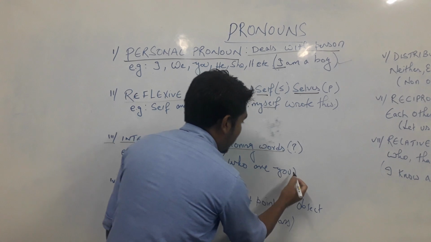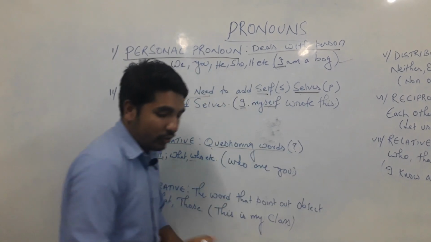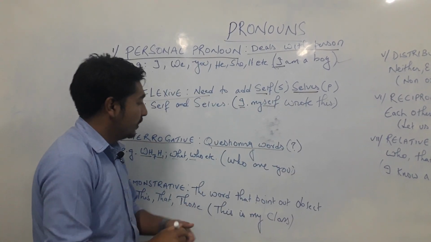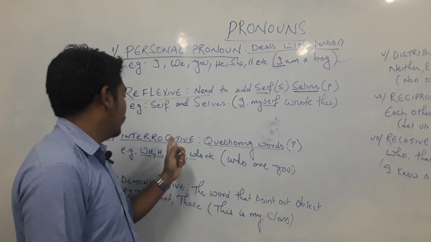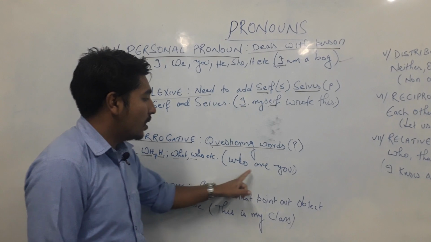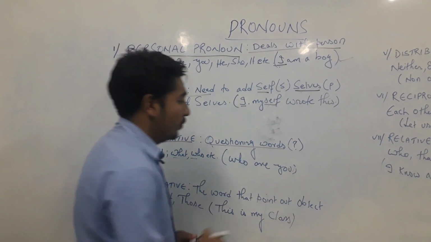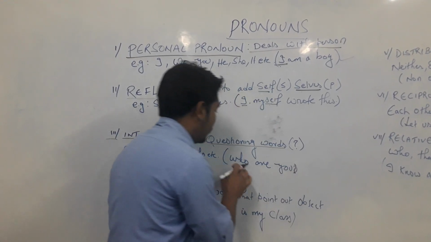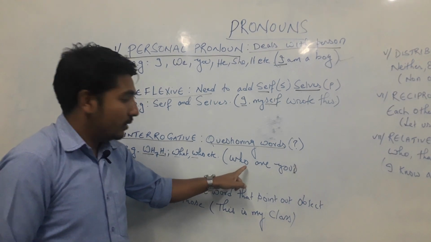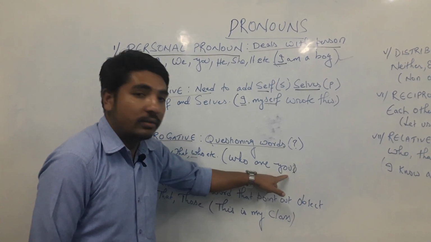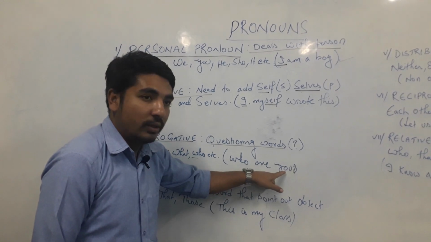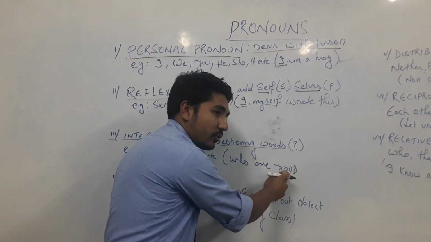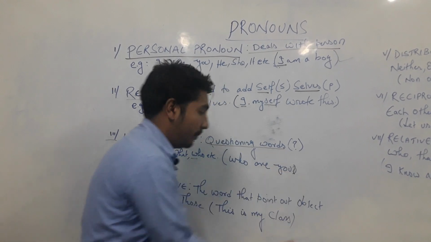Now here I have actually put this sentence to give you more idea about interrogative pronoun. Who are you? Who are you here? You can see. Actually, this who means this you. Who means this you. There is actually somebody who has got name.